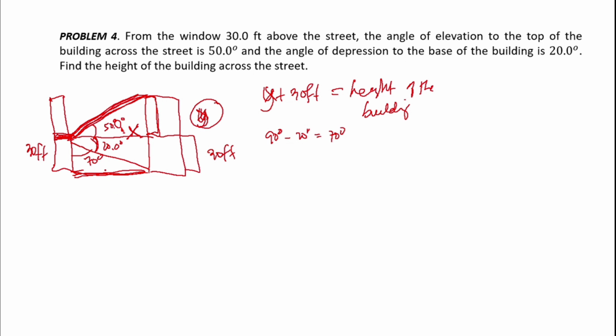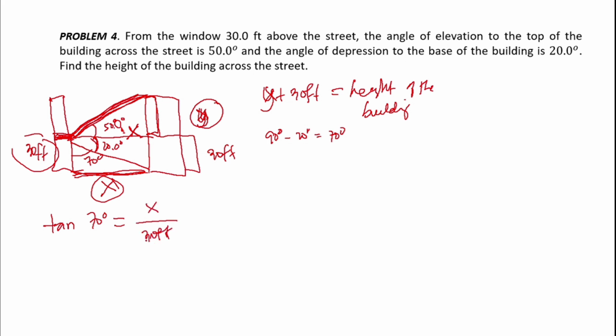To solve for this side, x here, the ratio that we're going to use is the opposite over the adjacent. x is the opposite, and this is the adjacent, 30. So therefore, tangent 70 degrees is equal to the opposite over 30 feet.